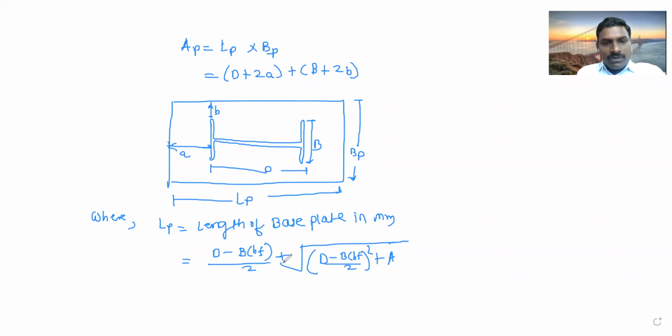So if length of plate we can calculate, then remaining is the width of plate. BP is nothing but width of plate.